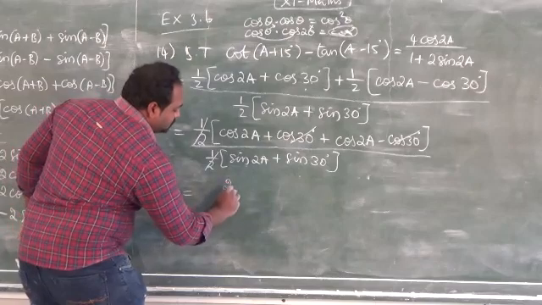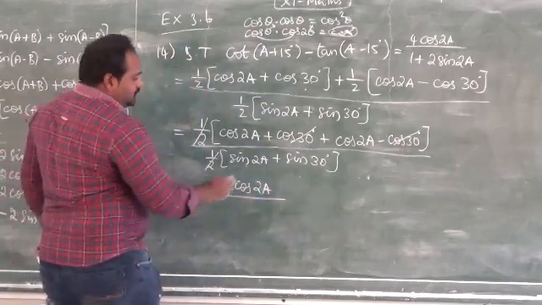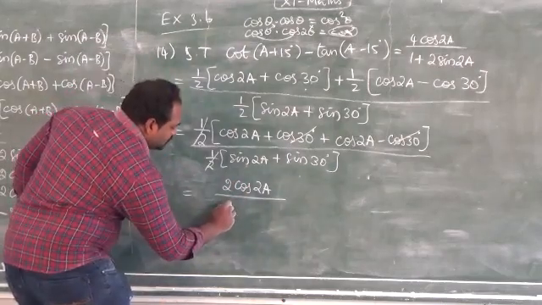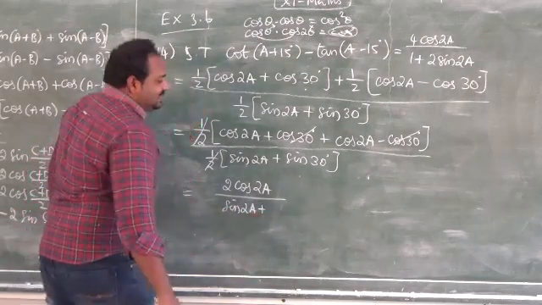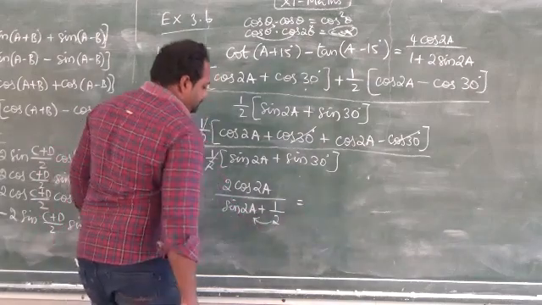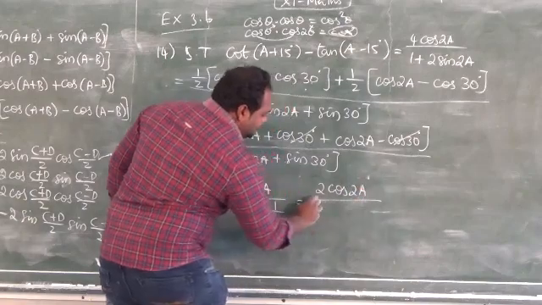So it is 2 cos 2a divided by sin 2a plus sin 30 value, which is 1 by 2. Take the LCM, 2 cos 2a numerator as it is.